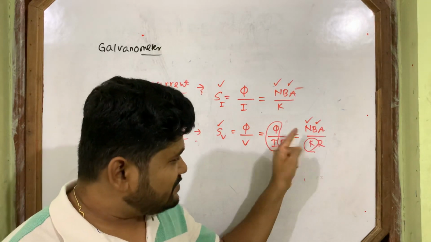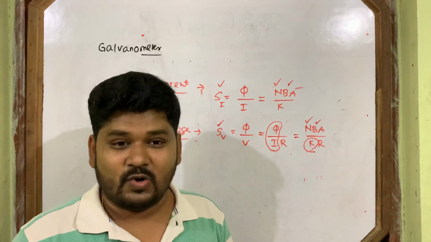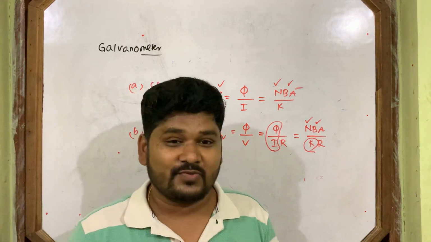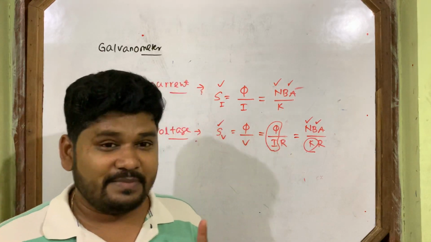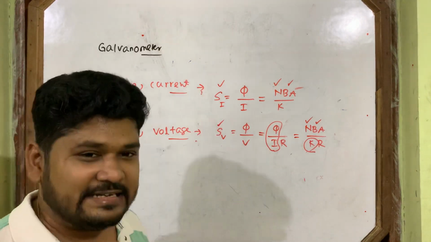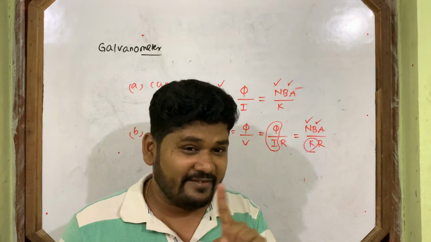By increasing number of turns, will voltage sensitivity increase? It will not increase. Remember, from the formula, don't go superficially. By increasing number of turns, current sensitivity will increase, but by increasing number of turns, voltage sensitivity will never increase.